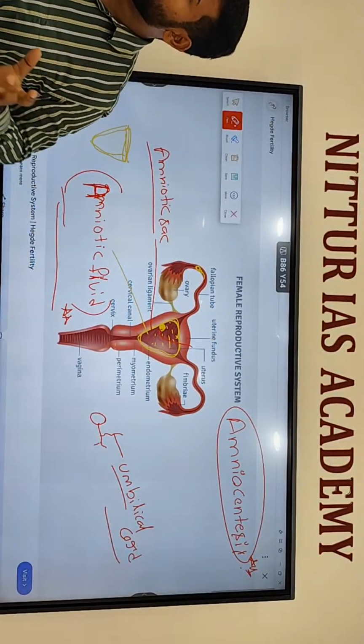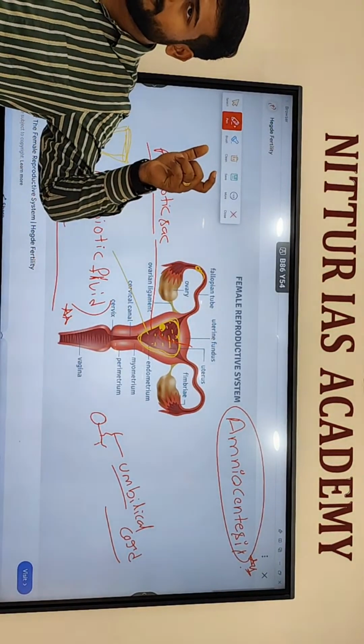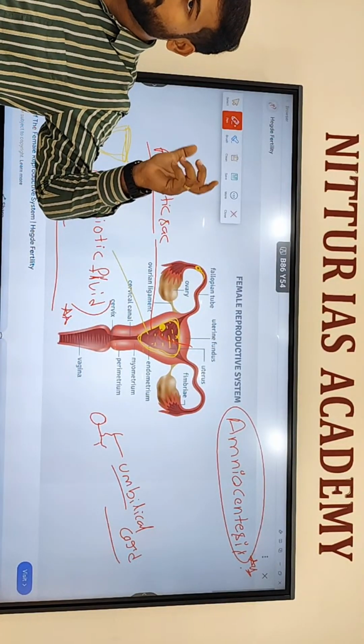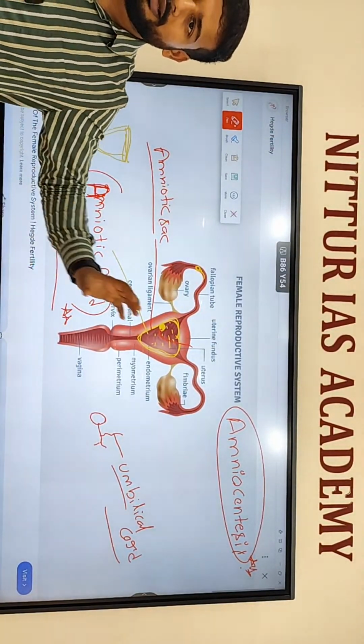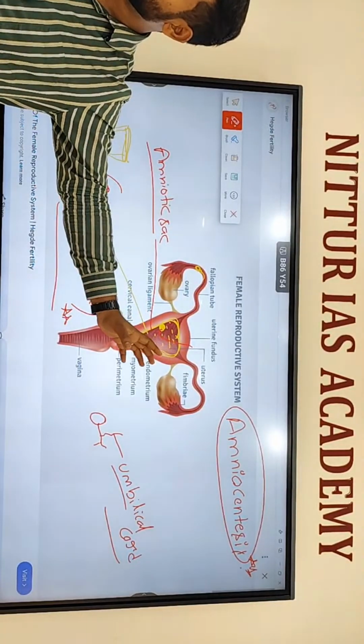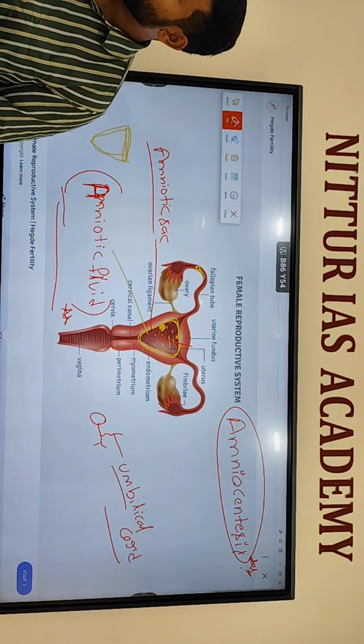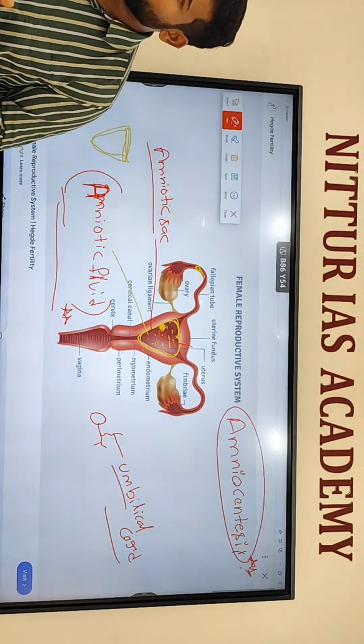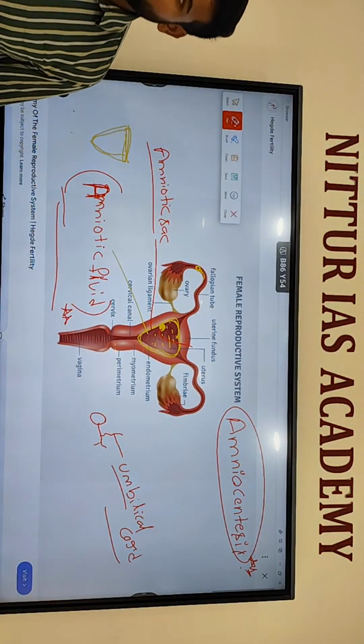If there is any history of genetic disease on both sides, like any abnormal child birth, then the doctor will definitely suggest amniocentesis. The fluid is taken out and tested to detect fetal abnormality and genetic disease.